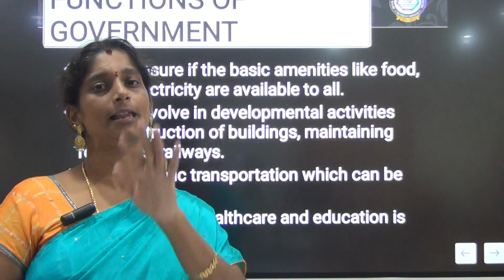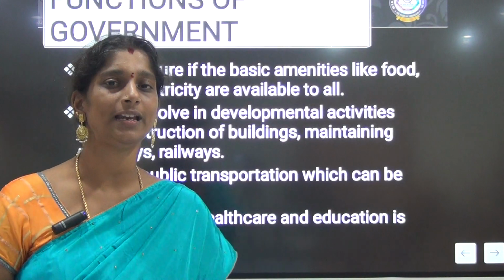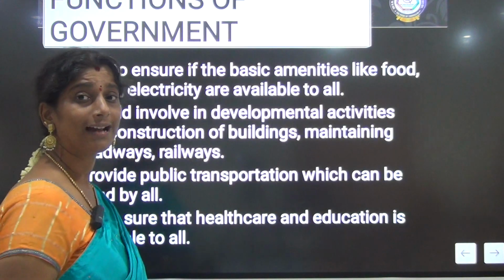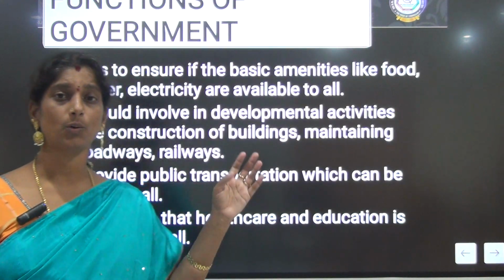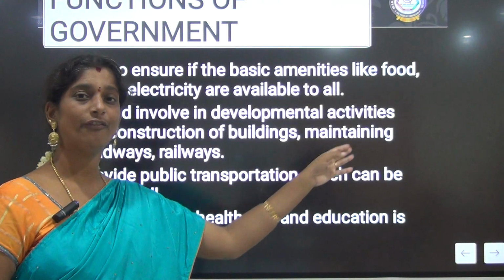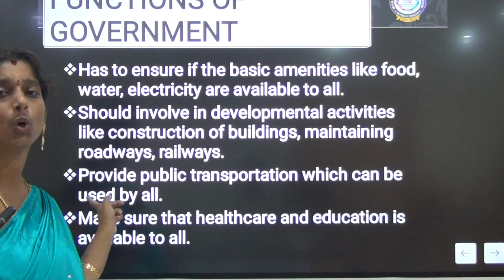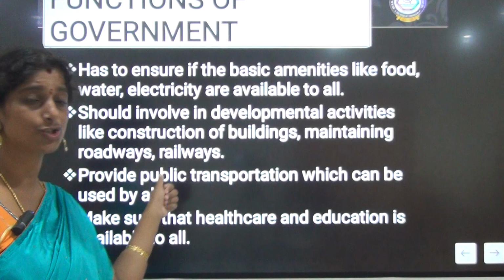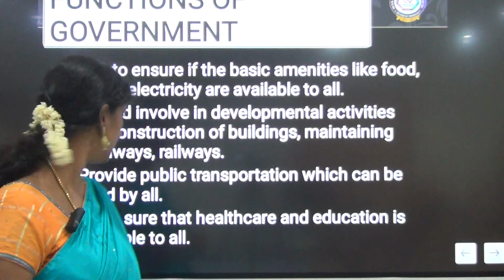And with that, government helps us again in turn with many developmental activities. Clear? So, many development activities should be involved by the government, like construction of buildings and maintaining of roadways, railways and everything. Okay? So, this has to be made sure by the government.